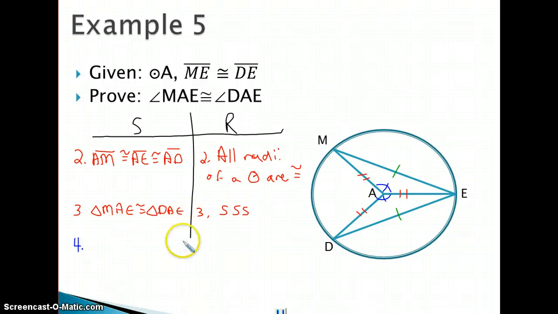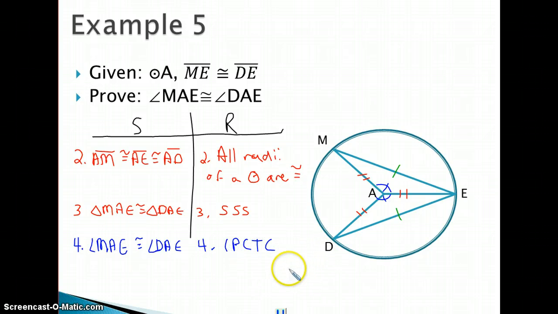So we proved the triangles congruent. Let's pick out the corresponding parts. And I know for sure 100% that they match up because I just named them to make sure that they did. Angle MAE congruent to angle DAE. CPCTC. Once again, you see a circle, you know all radii of a circle are congruent. It's very likely you're going to be using that in a proof.